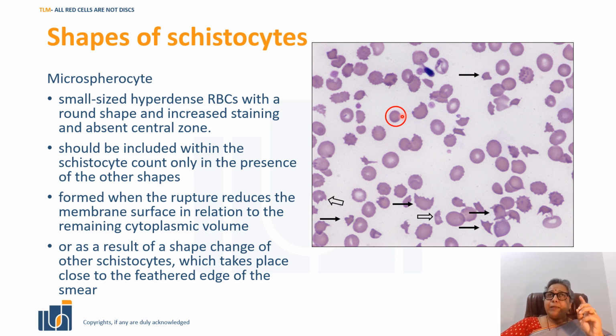Now, this is something that I want you all to remember: when you're looking for fragmented red cells, you should look in the ideal zone and beyond, not towards the tail end. Because what happens in the tail is that even these fragmented cells will start looking like spherocytes or small microspherocytes, and you may actually miss the diagnosis or miss the presence of fragmented red cells.